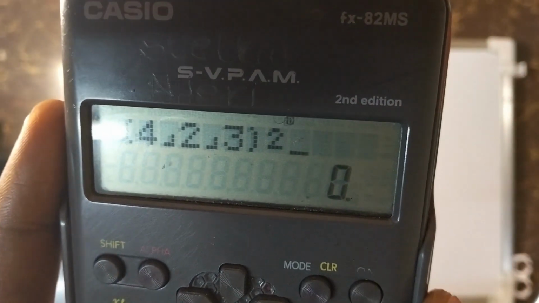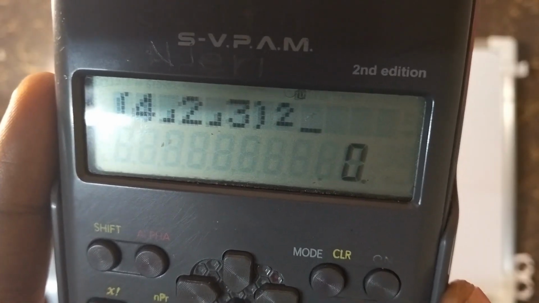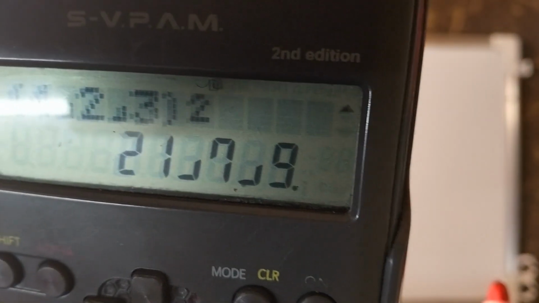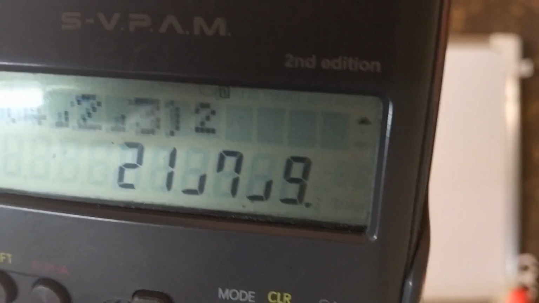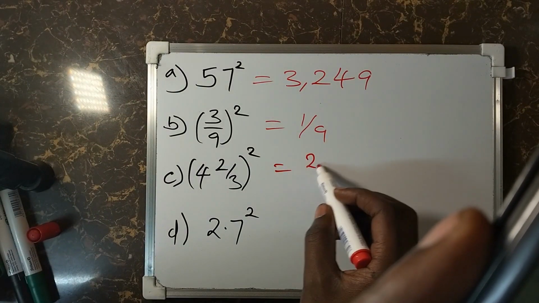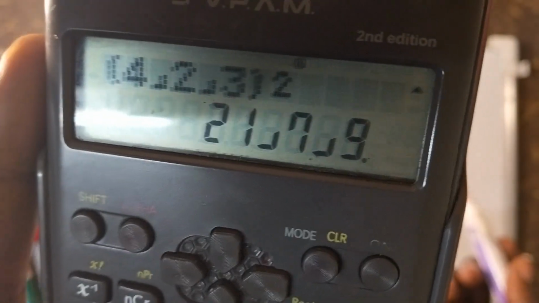So we have something like this: 4 and 2 thirds, squared. Then you press the equal sign, and the answer is 21 7 over 9.